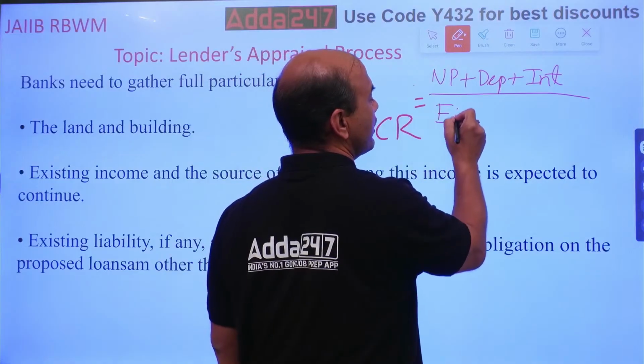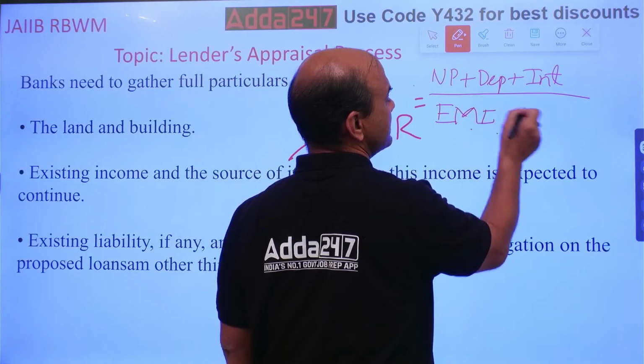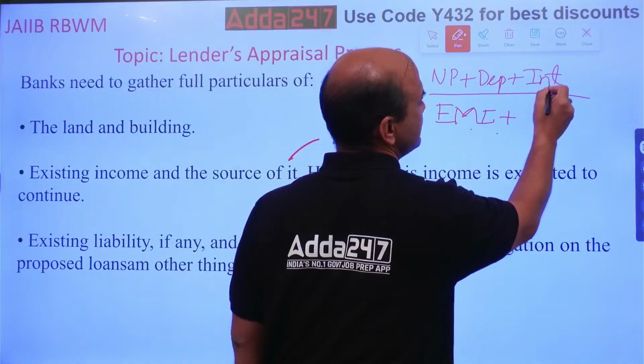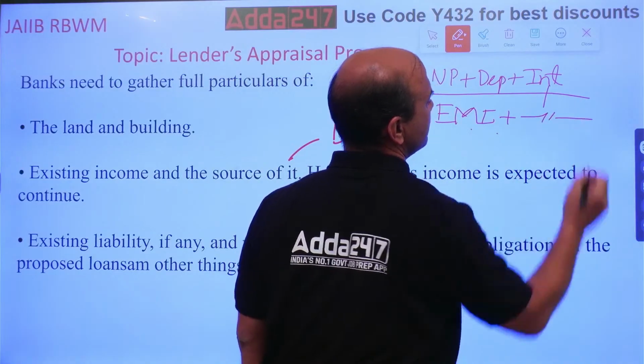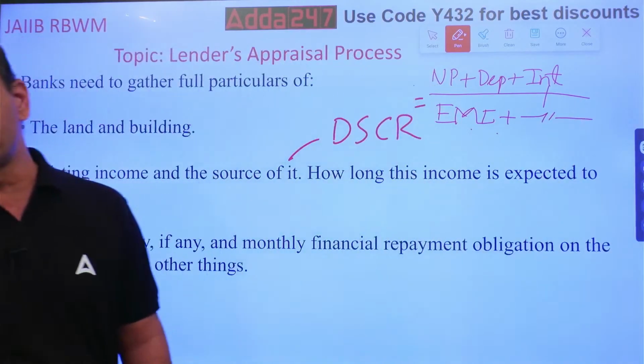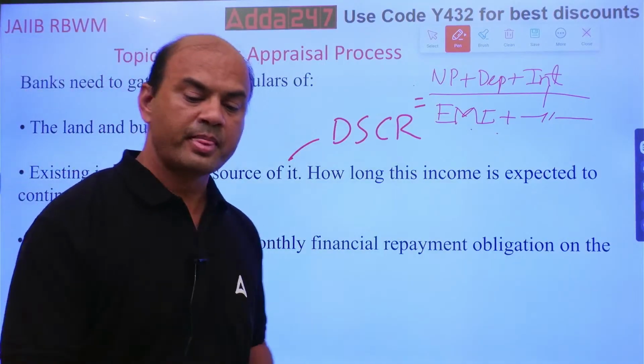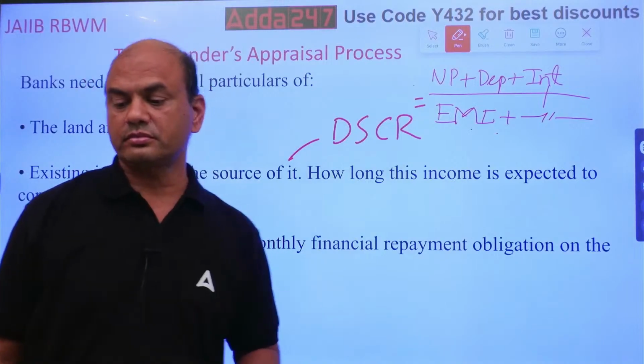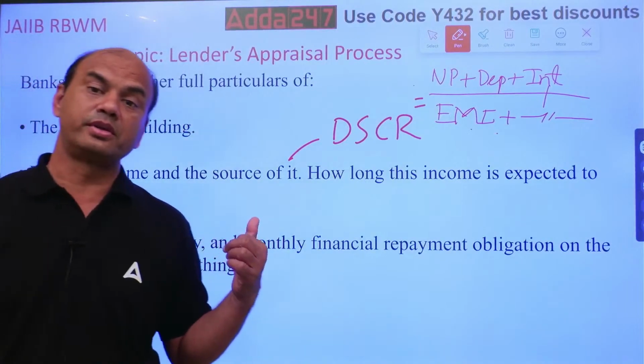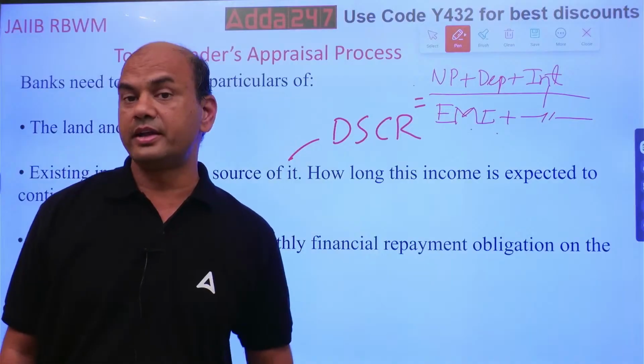Now EMI from your bank as well as EMI from others, plus again the same interest on long-term loan. This interest on long-term loan comes twice, once in the numerator and second in the denominator. So this is the main ratio in any home loan, DSCR.